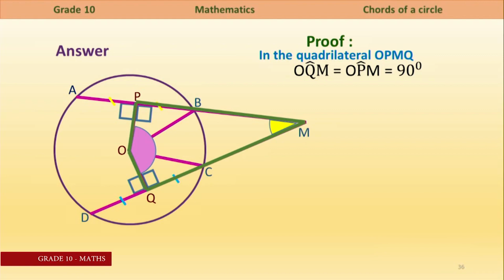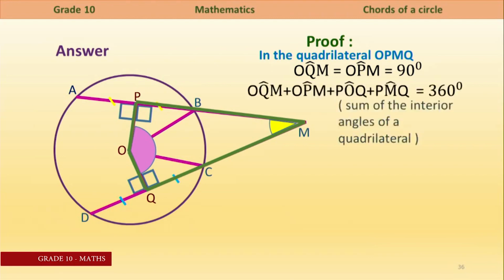So in our quadrilateral OPMQ, how do we find those remaining 2 angles? We consider the interior angles of this quadrilateral: OQM, OPM, POQ and PMQ. The sum of these 4 angles equals 360, because the interior angles of a quadrilateral sum to 360.